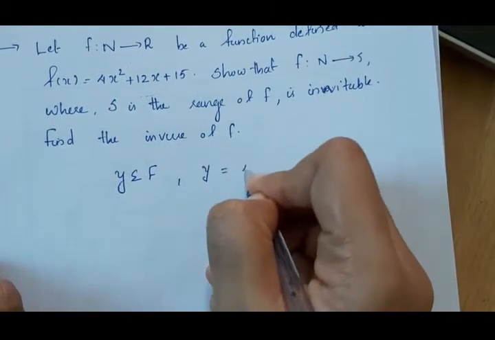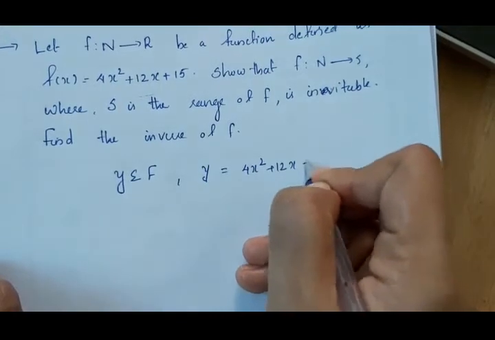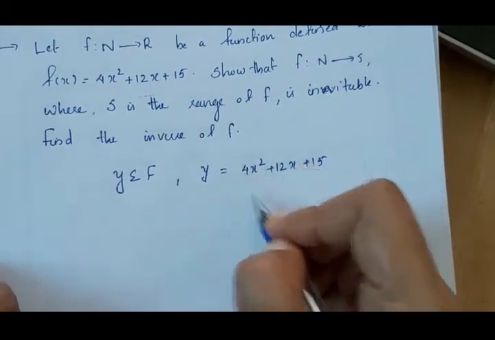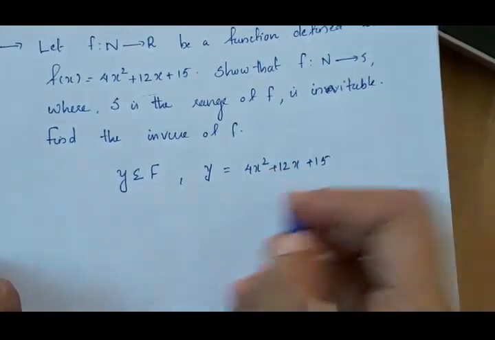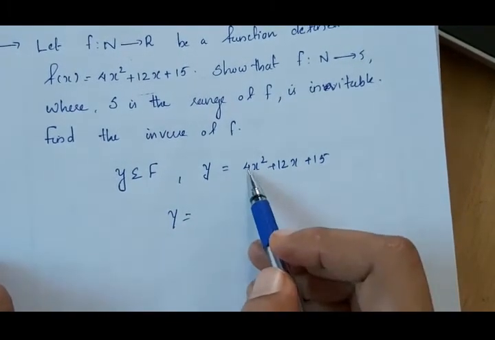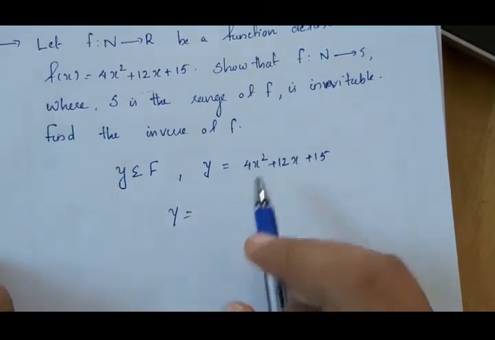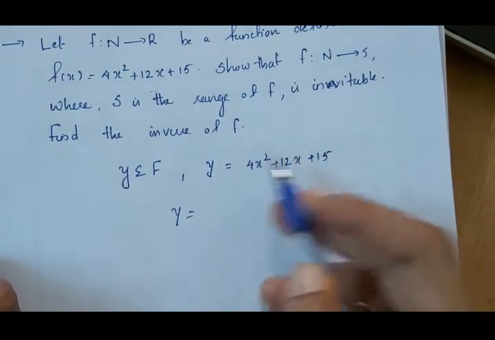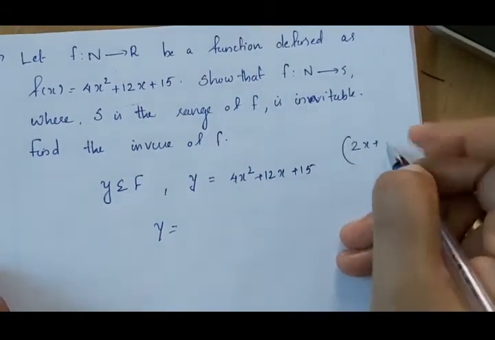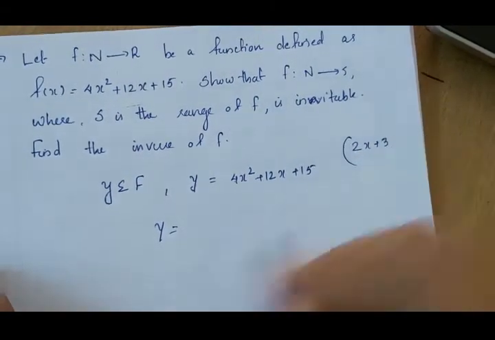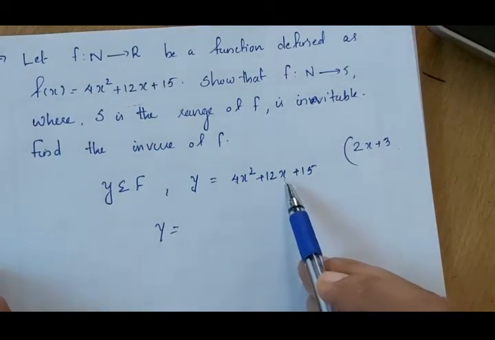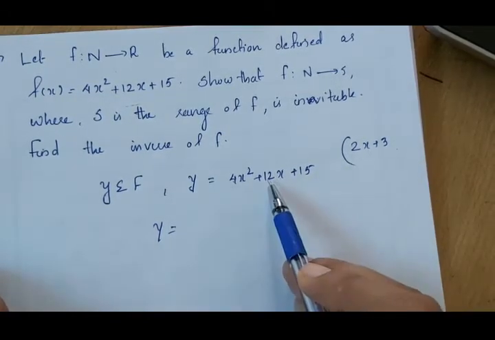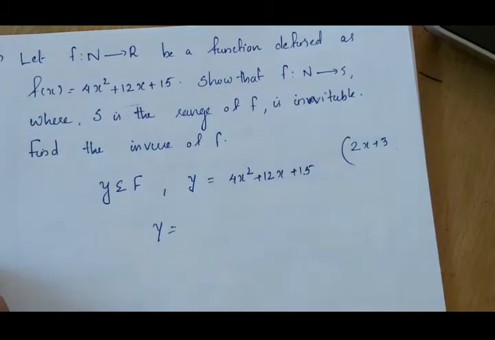Y is equal to 4x square plus 12x plus 15. It is given in the question. We can rewrite this polynomial in the square form. Let's consider it in the form a plus b the whole square. 2x, and there is a term 4 into 3, so 2x plus 3. If we consider 2 into 3 here, then there is a 9 only, so there is an extra 6.